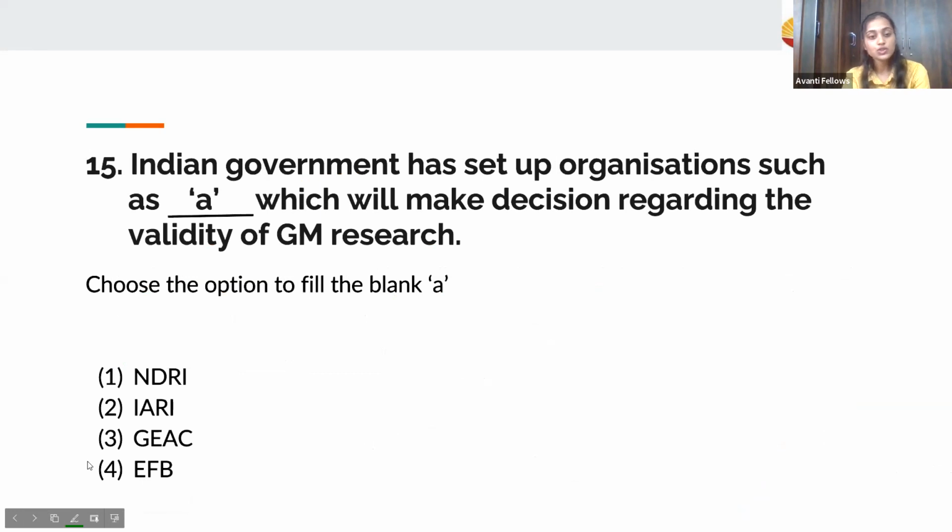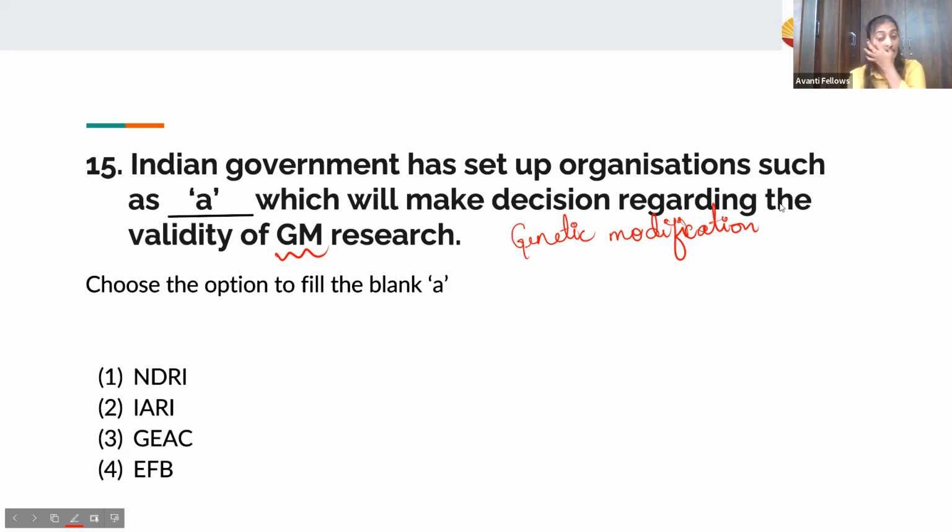The next question says the Indian government has set up an organization such as dash. We have to find which organization will make decisions regarding the validity of GM research. GM research is genetic modification.